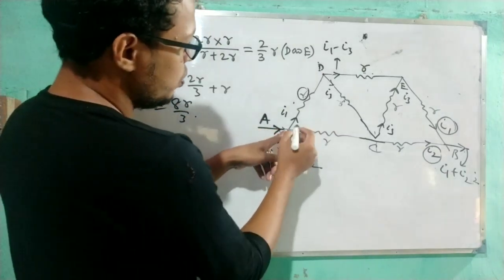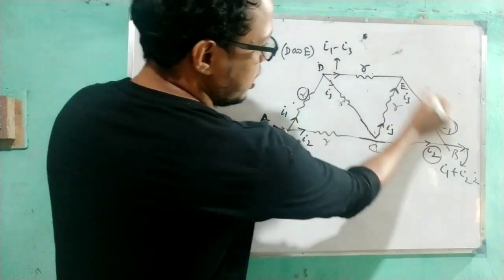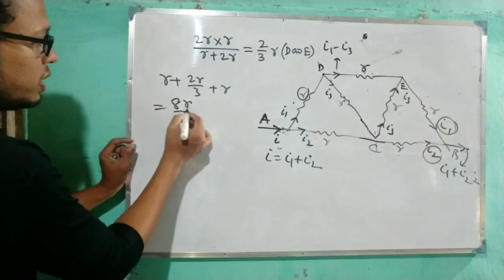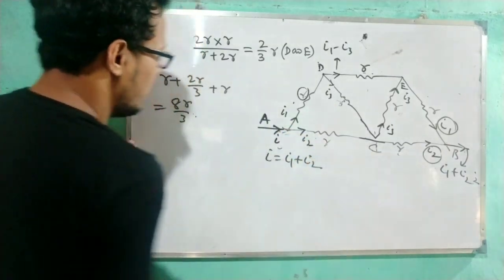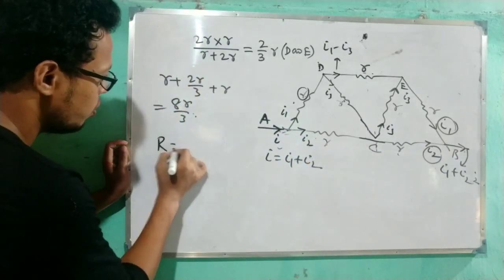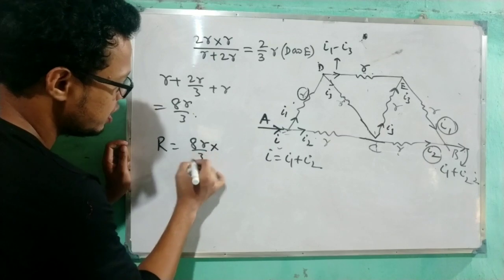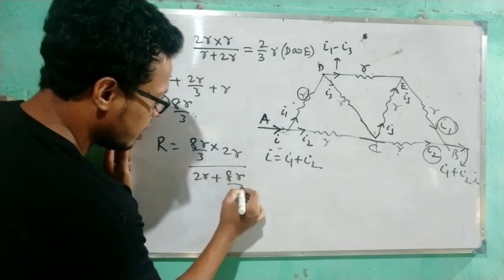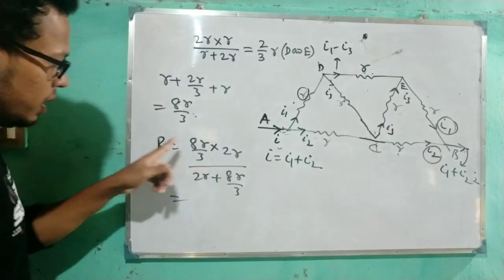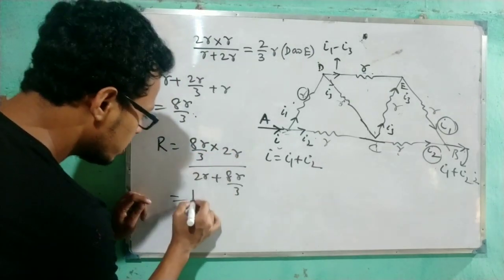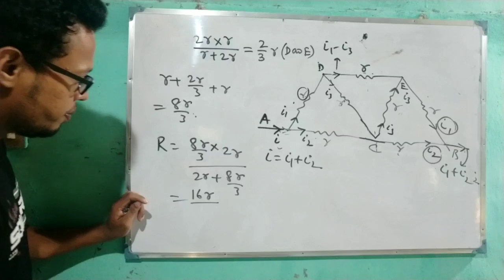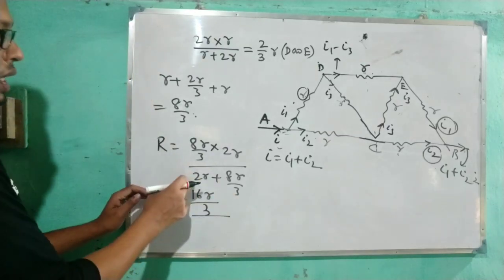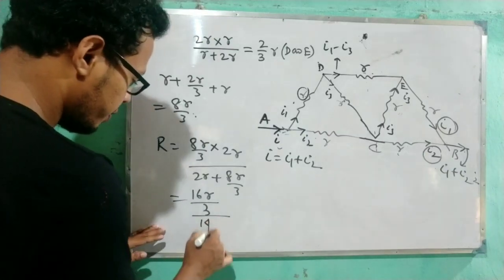In between which one? In between this one and on another, these 2 are also left. So this 8R by 3 and 2R, they are parallel. So net R will be 8R by 3 into 2R divided by 2R plus 8R by 3. Look, 8 into 2, 16R square divided by 3, divided by 3 into 2, 6 plus 8, 14.